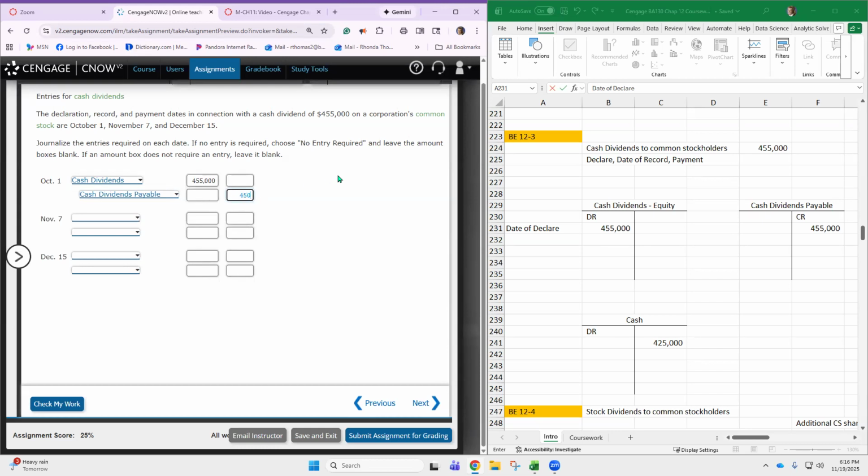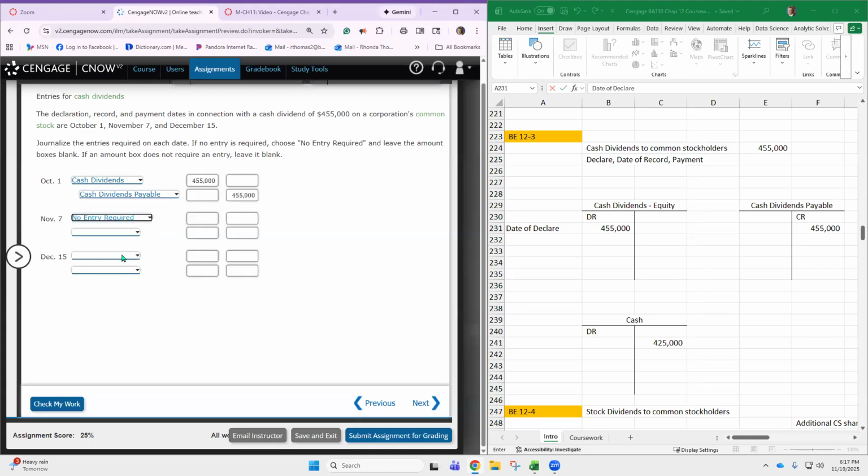Okay, now the next date is November 7th. This is called the date of record. The date of record. There is no entry on the date of record. The date of record is just for the shareholders to get their mailing information so we can send out the dividend checks to them.